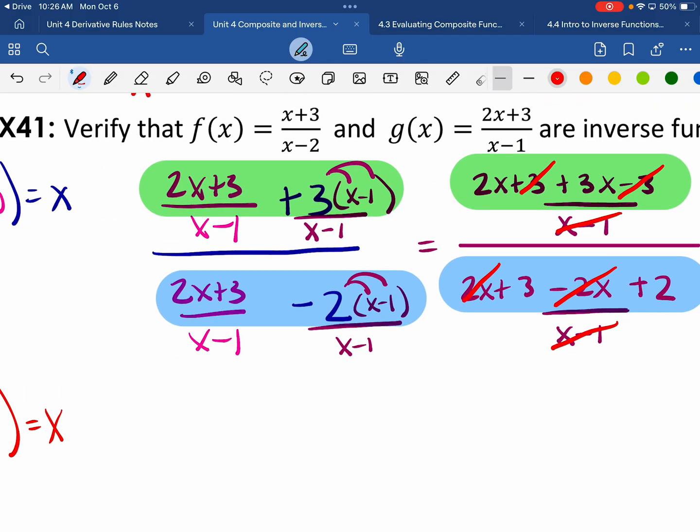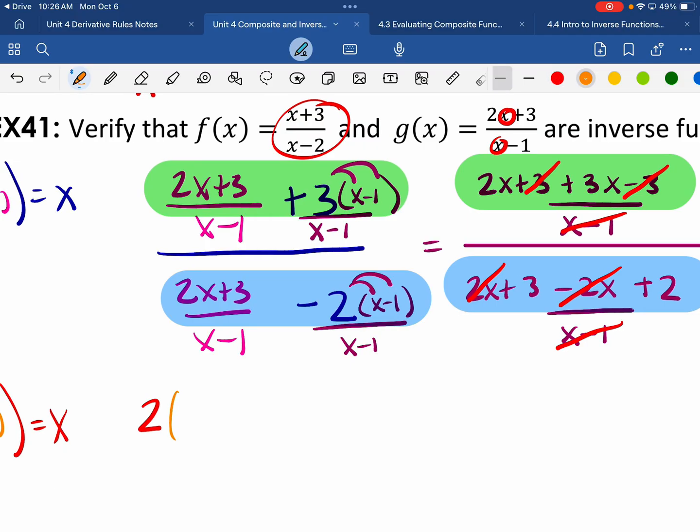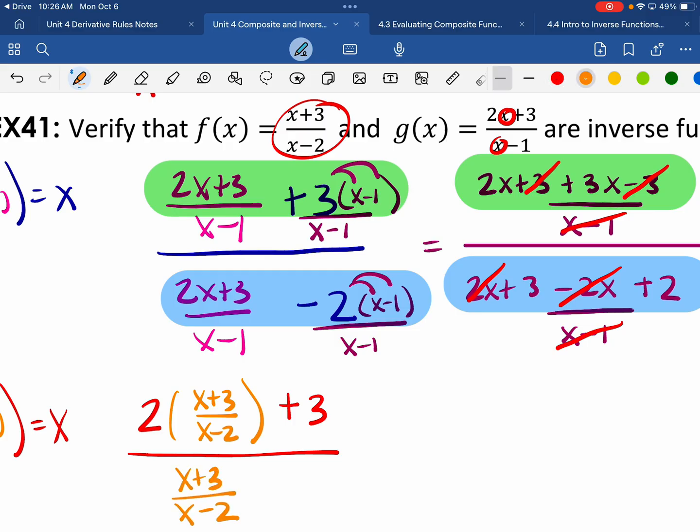All right, so in place of the x's right here, we're going to put this fraction. So I've got 2 times x plus 3 over x minus 2, and then plus 3 over x plus 3 over x minus 2 minus 1.